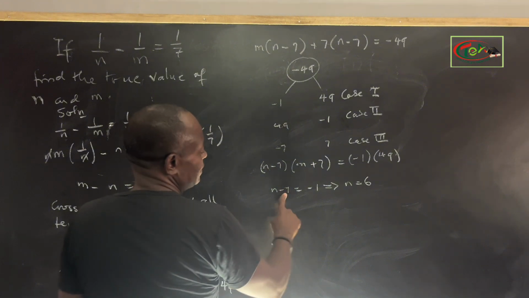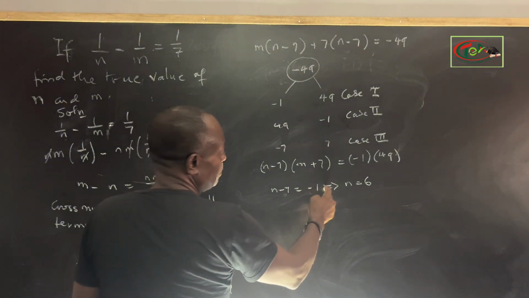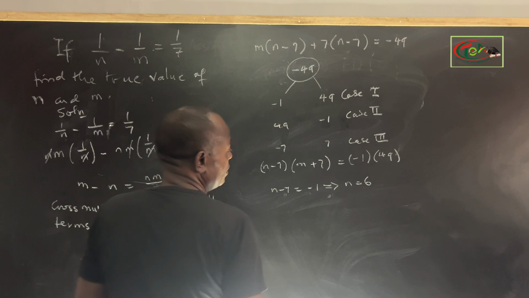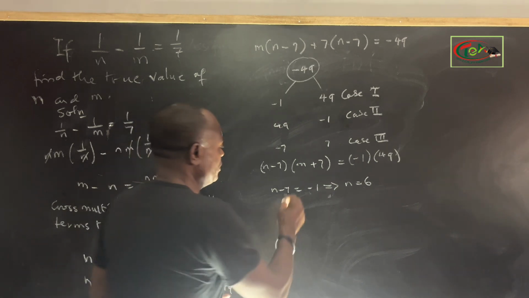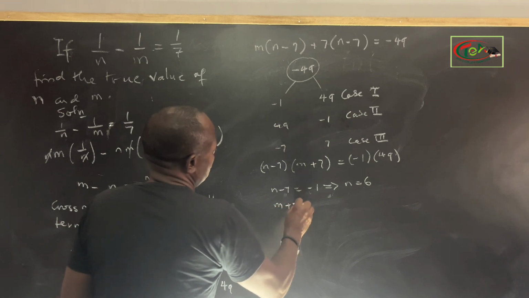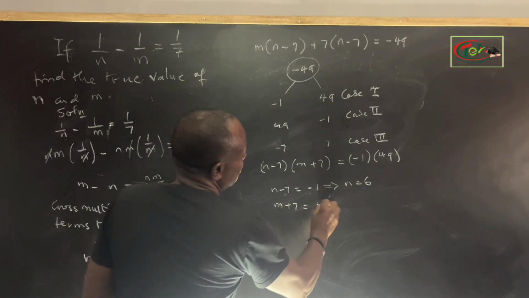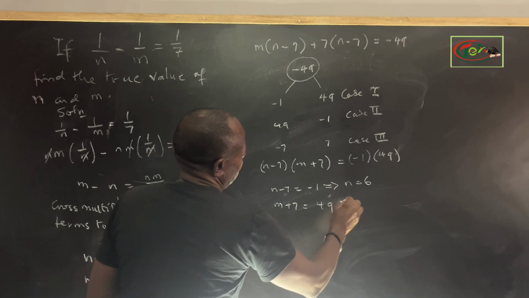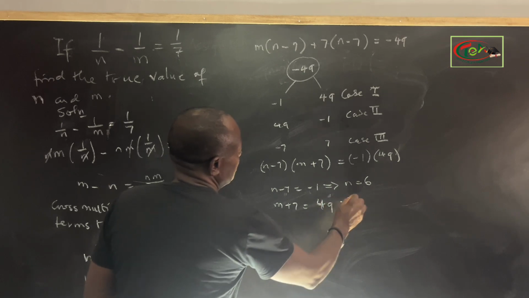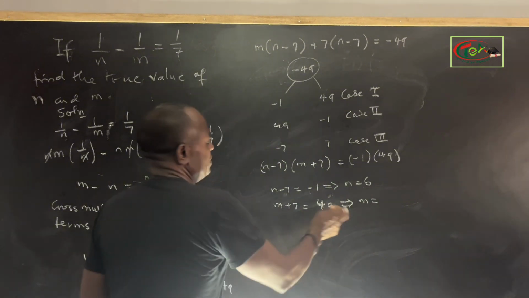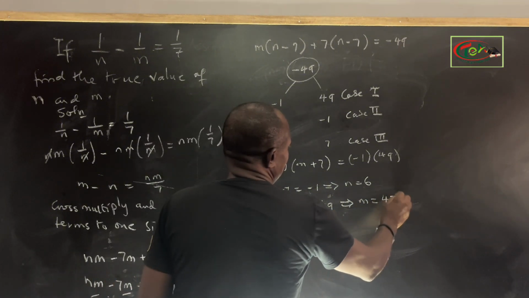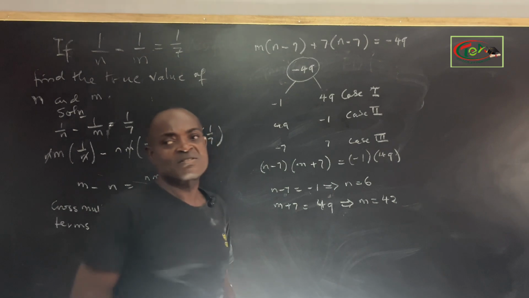If you take minus 7 to the other side, it will be minus 1 plus 7, which gives us 6. The next one is m plus 7 equals 49, which simply means that m is equal to 42. That's correct.